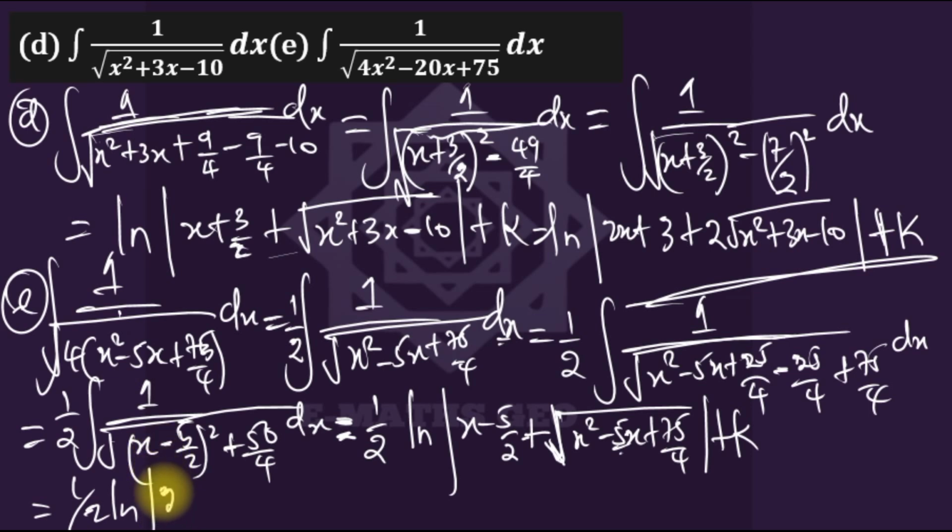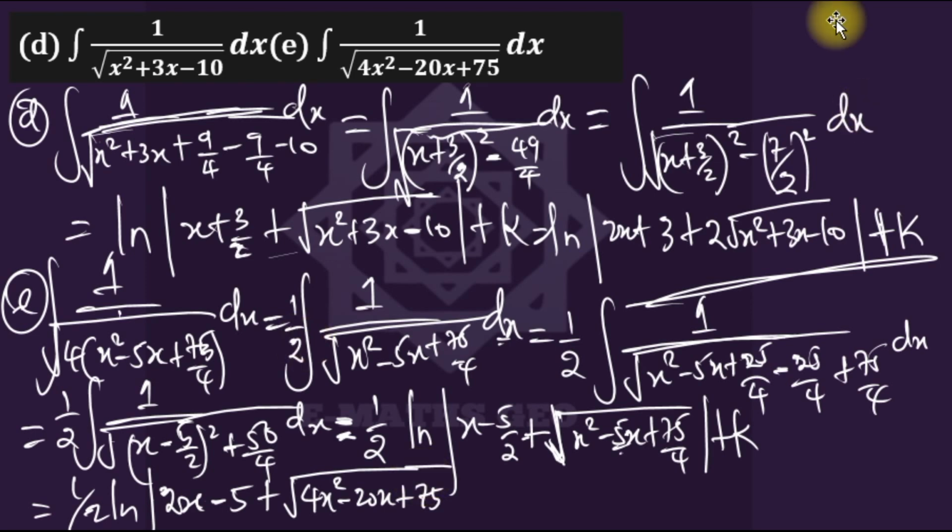We have 2x minus 5 plus the square root of 4x squared minus 20x plus 75, over 2. So instead of subtracting ln 2, because we have all over 2 now, they are all constants, so that's the answer. So it's a very tricky question, but we've solved all. Thank you.